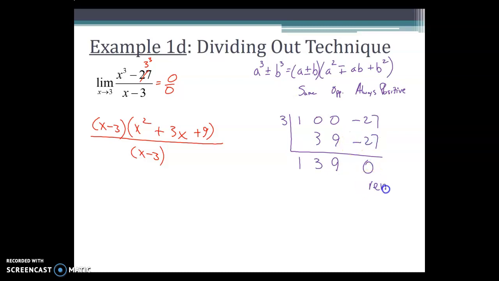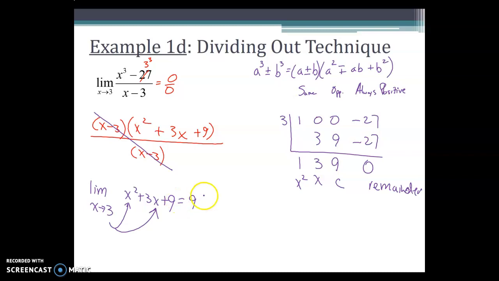Here's your remainder. And here's your constant, your x, and your x squared term, which definitely matches what we have going on over here. So now that we're here, we can divide this thing out. I don't like the word cancel. So now we have the limit as x approaches 3 of x squared plus 3x plus 9, which we can definitely directly substitute that 3 into to get 9 plus 9 plus another 9 is 27.